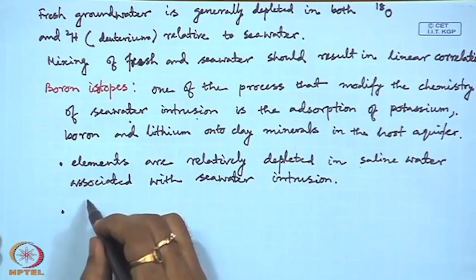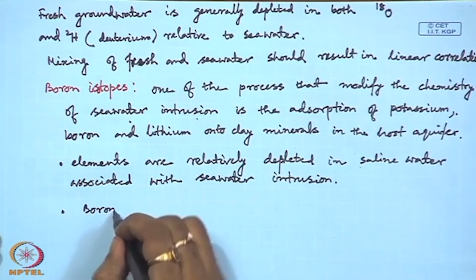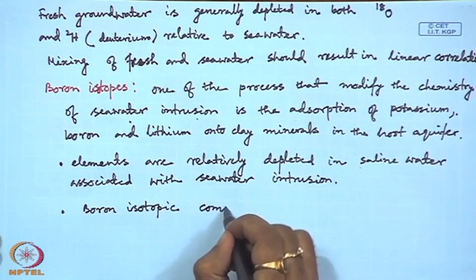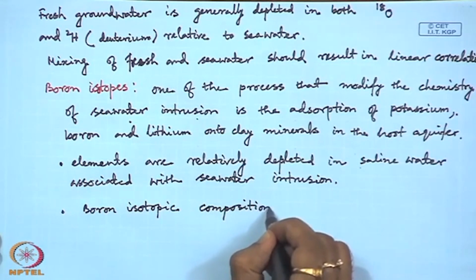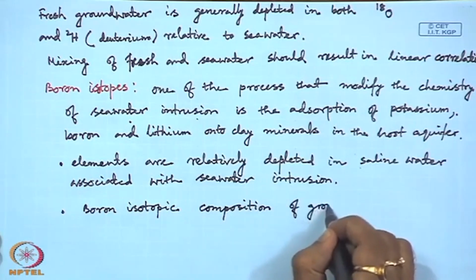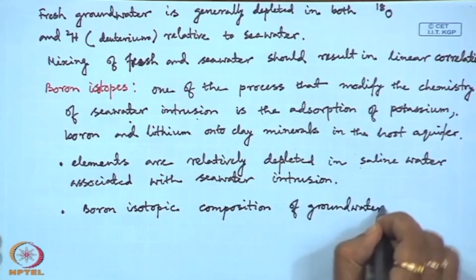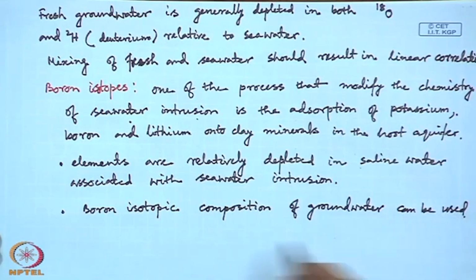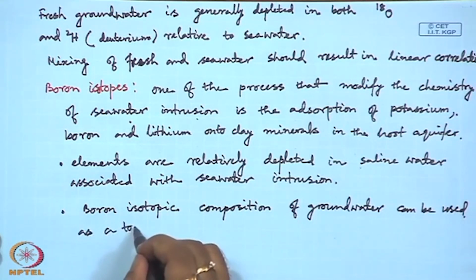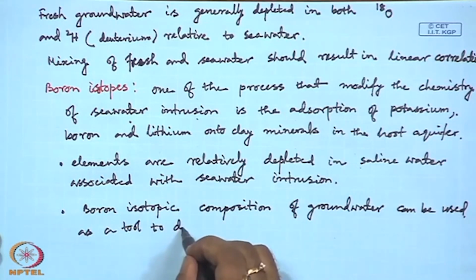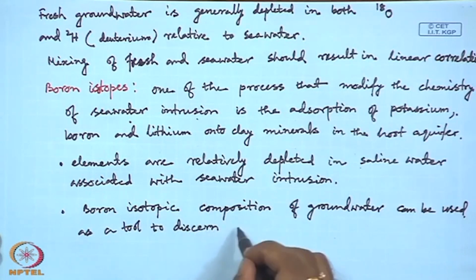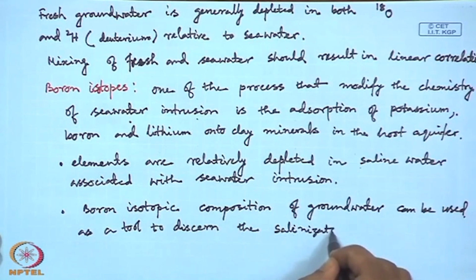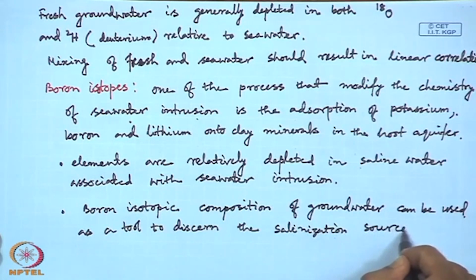So, the boron isotopic composition of groundwater can be used as a tool to discern the salinization sources.